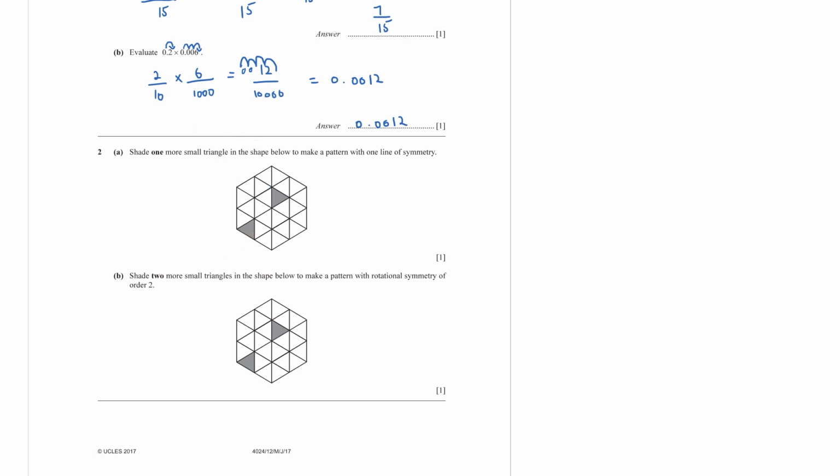Let me try one more time. Yeah, this is better. If I try to make this the line of symmetry, this splits this triangle in half. But if you look at the overall shape, it's not passing through the half. It's a little bit towards the left side, right? So I have to make sure that I am at the center of the overall shape as well.